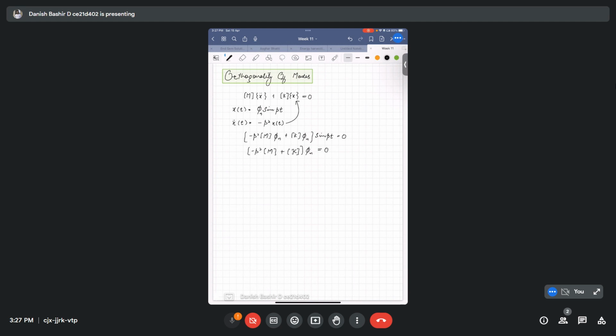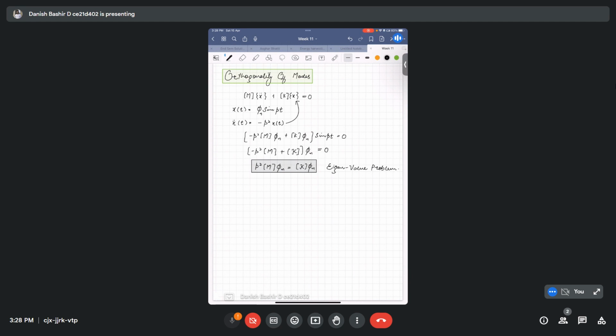So for this system to have a solution, it becomes an eigenvalue problem. It reads like this: p square m times some vector phi n should be equal to k times phi n. This is an eigenvalue problem that we have to solve.